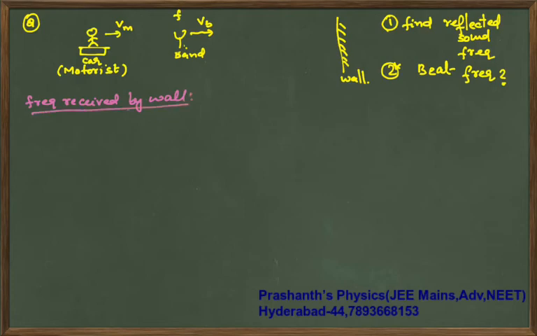This wall could even be moving, still same logic. So wall is the listener. Source is coming with speed vb, sound is coming with v. If wall is the listener, this wall is at rest because the wall is not moving.